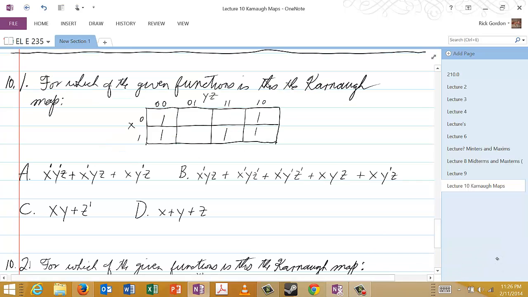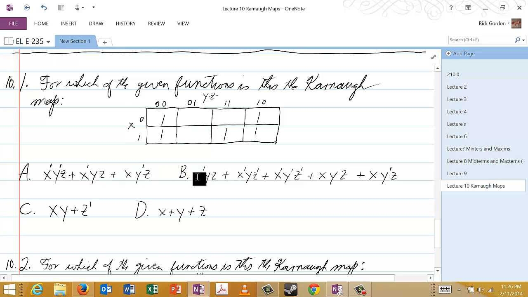So now we finish up this lecture by looking at two problems. Problem 10.1 says, for which of the given functions is this the Karnaugh map? So we have a Karnaugh map here, and for function A, we have x prime y prime z, or x prime y z, or x y prime z.